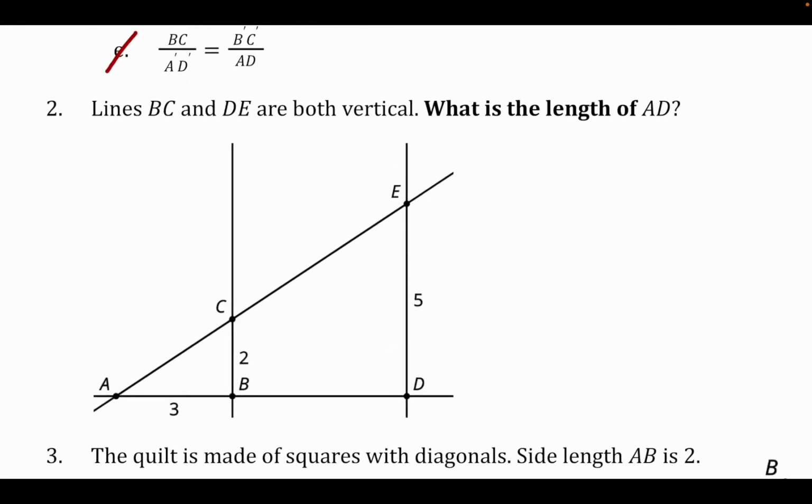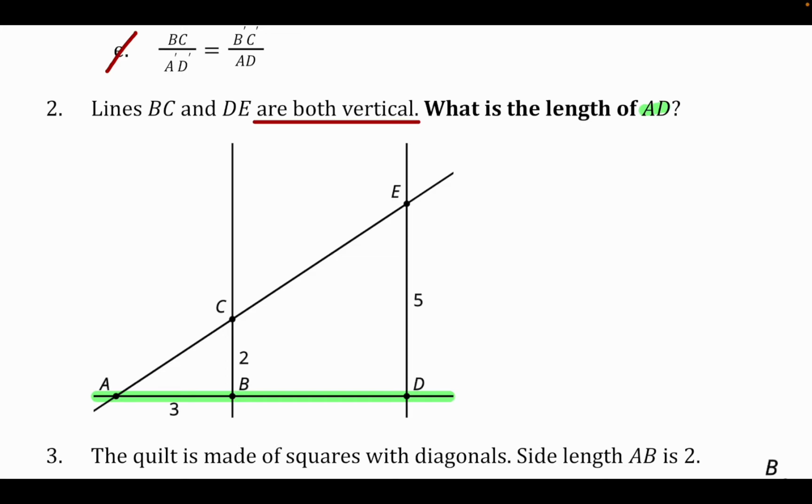AD is our line here at the bottom. So AD, that's going to be this line right here. They want to know the entire distance. Now, they did tell us these are both vertical.